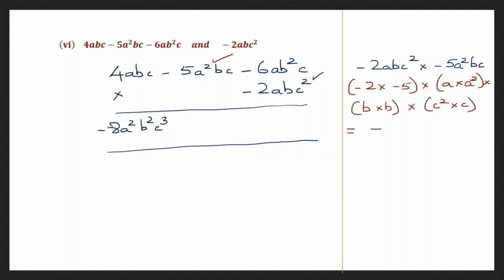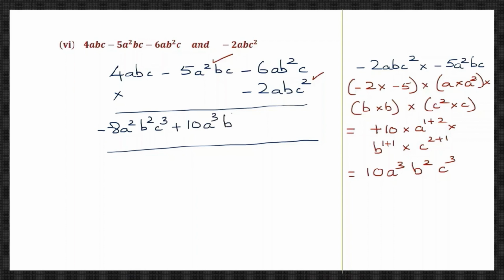Minus into minus is plus. 2 5s are 10 into a to the power of 1 plus 2 into b to the power of 1 plus 1 into c to the power of 2 plus 1. So what do we get? 10, a to the power of 3, b to the power of 2 and c to the power of 3. So let's write that down. So that is plus 10a cubed b square c cubed.